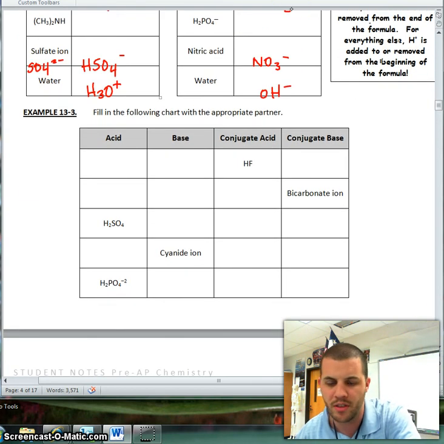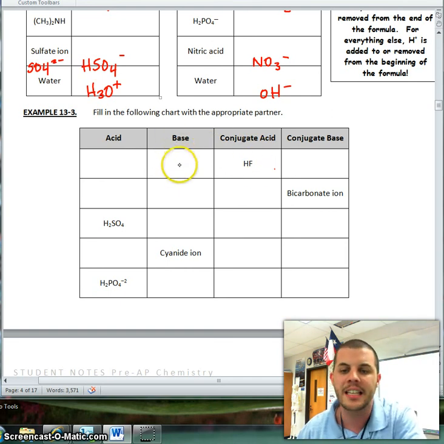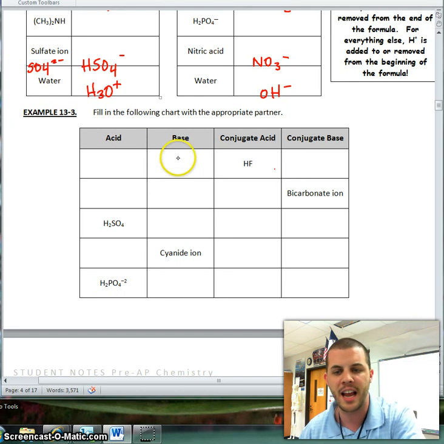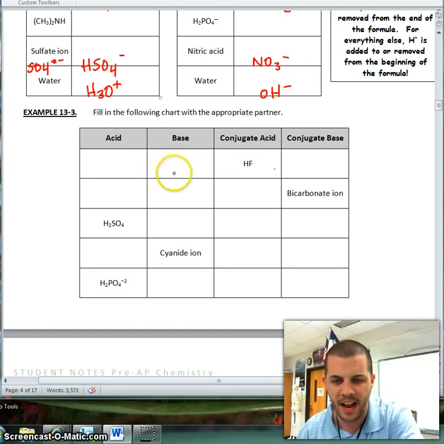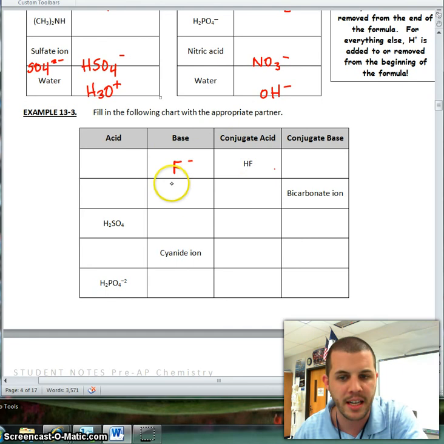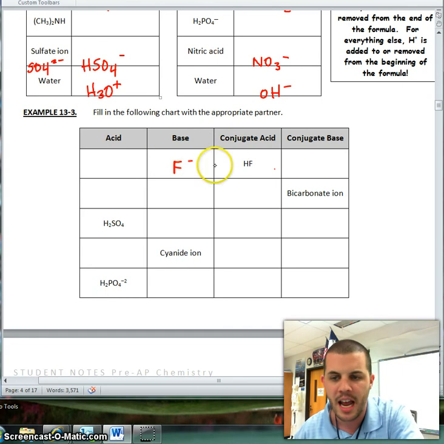So now we can briefly take a look at this last chart. I'm going to have you do most of this on your own. It gives you a few situations here and wants to know if this is the conjugate acid, what's the conjugate base? Well, if this is my conjugate acid, I know that bases have to gain protons. If this had to gain a proton to become this, it had to start off as F minus, making F minus my base and HF my conjugate acid.